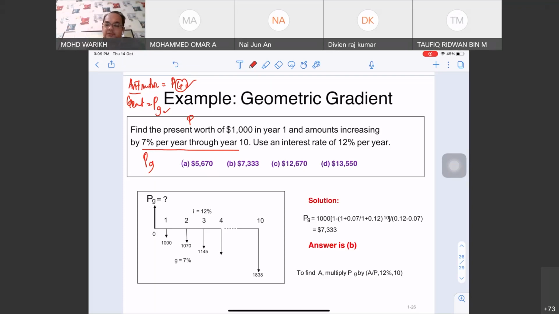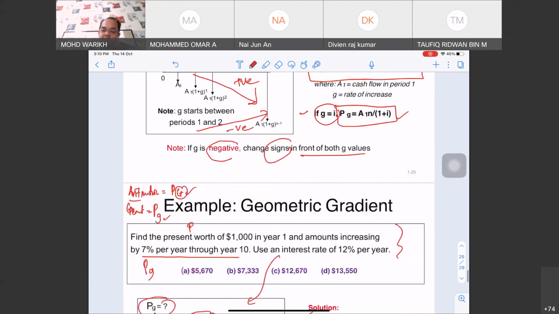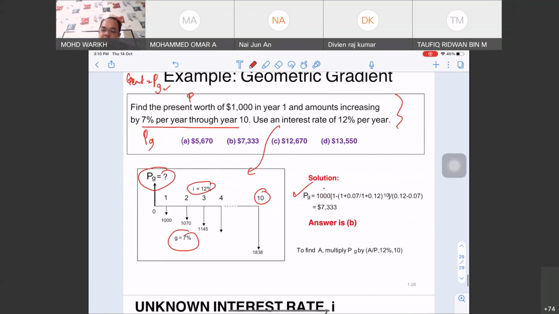So from this statement, try to make a cash flow diagram. That means you have to find the P_g. The gradient is 7%, and i is 12%. So you use the formula. It's 1,000, that is E 1,000.